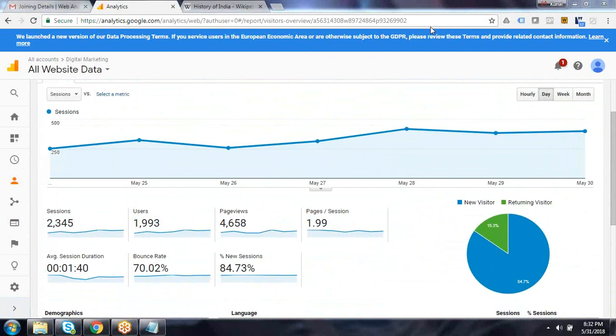If you want people to see more and more of your pages, you would want to see more page views and more time spent. Yes, absolutely right, Rahul.